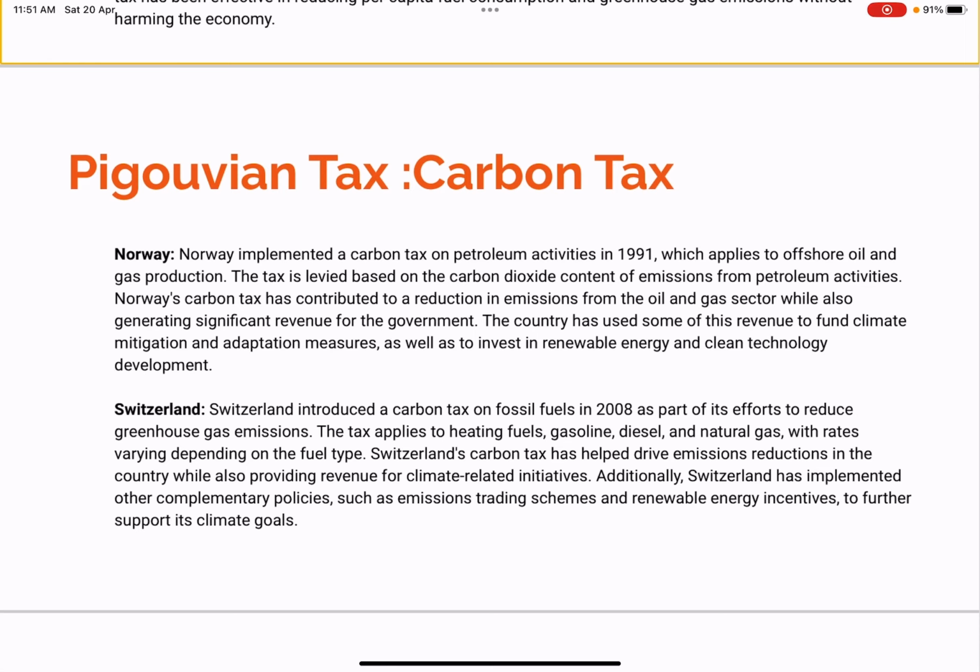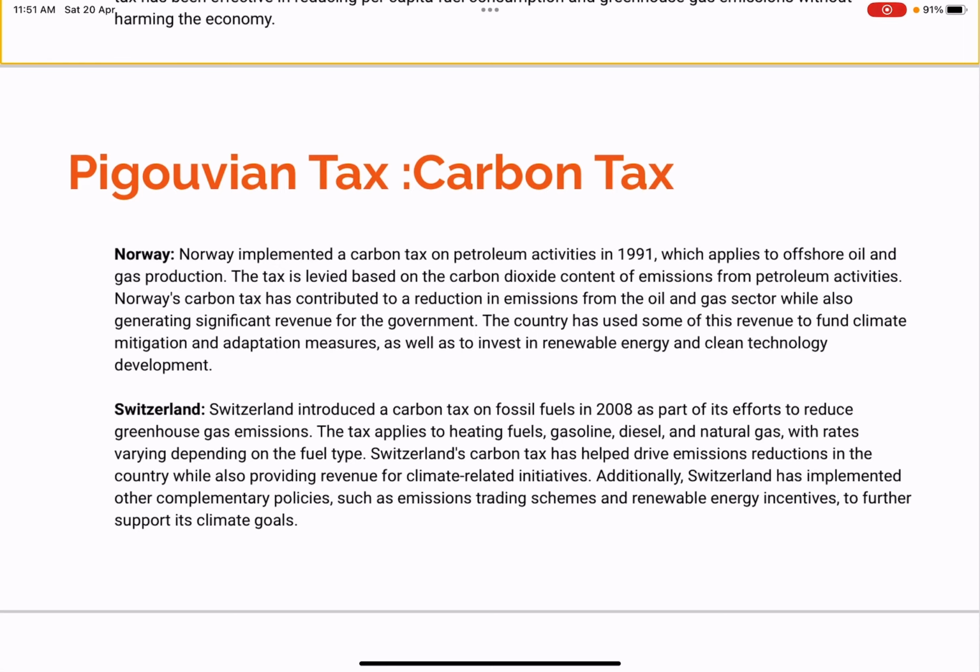And finally, Switzerland also introduced a carbon tax in 2008 to reduce greenhouse gas emissions. In Switzerland, this tax is applied to heating fuels, gasoline, diesel, and natural gas, depending upon the carbon content. Studies on Switzerland help us understand that the carbon tax is a success.